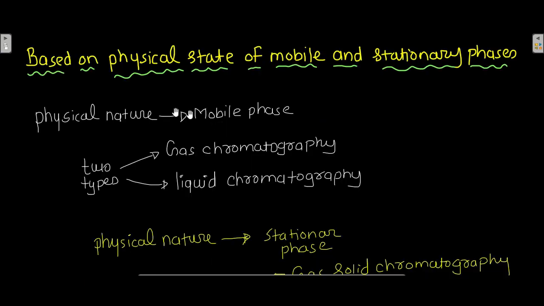Now, based on the physical state of the mobile and stationary phases, chromatography techniques are of two types: gas chromatography and liquid chromatography. This classification depends upon the physical nature of the mobile phase.